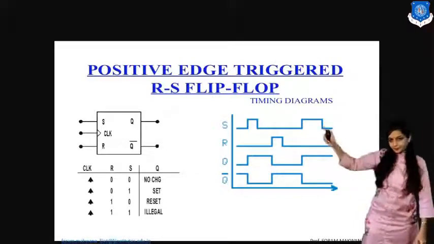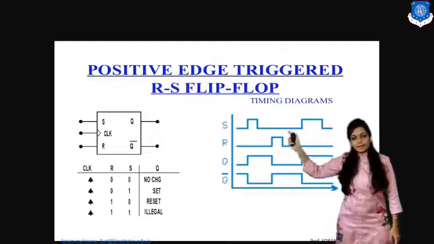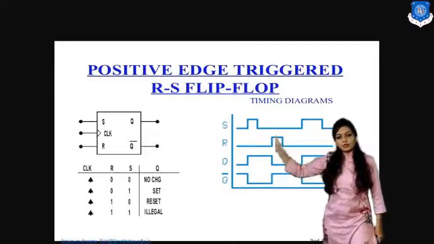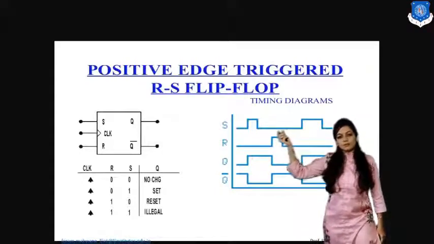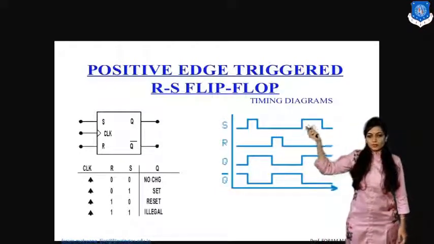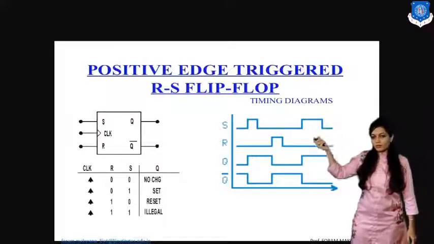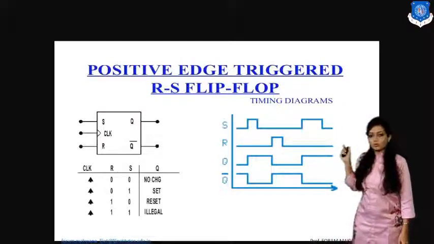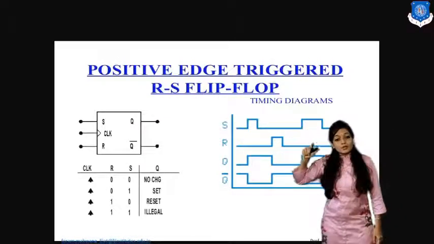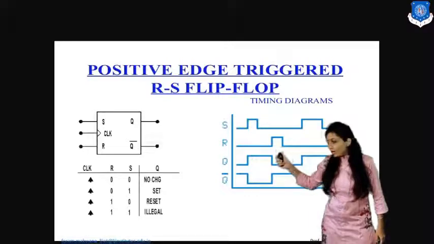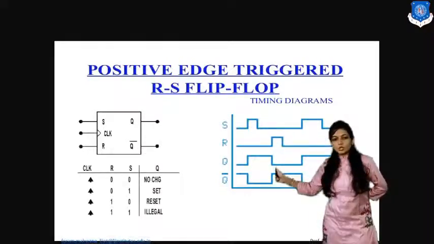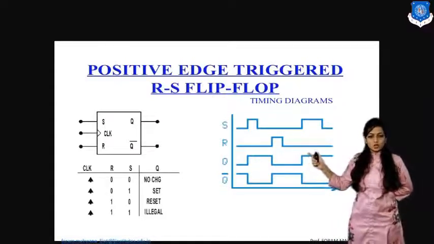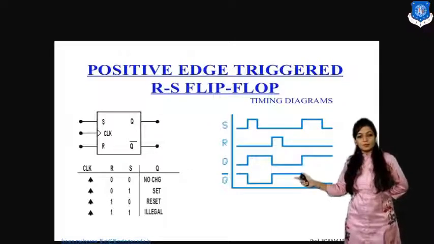Let's consider the timing diagram of the positive edge triggered RS flip-flop. You are able to see that for a specific period of time my S becomes 1, then 0, then 1, then 0, and my value of R will be, in the starting, 0, 1 and 0. So at the positive edge of the clock, as S is equal to 1, my Q will be 1, and whenever there is a transition in the clock, my output Q will become 0.